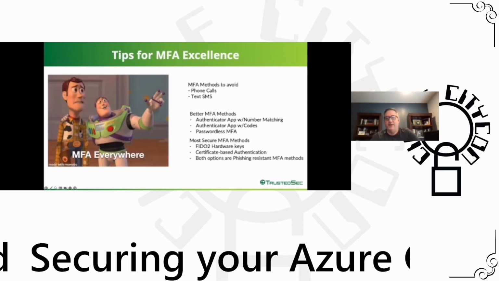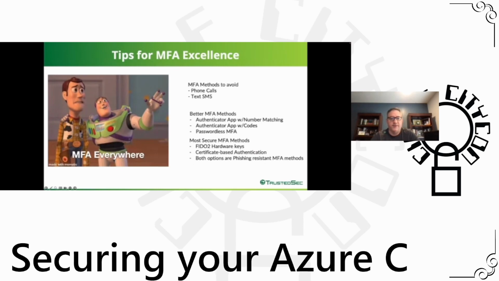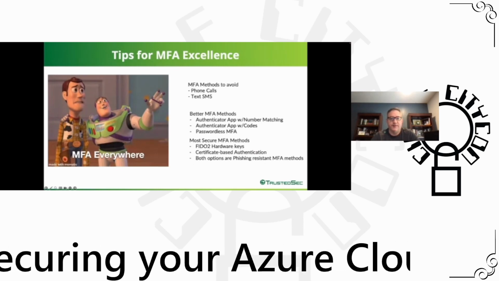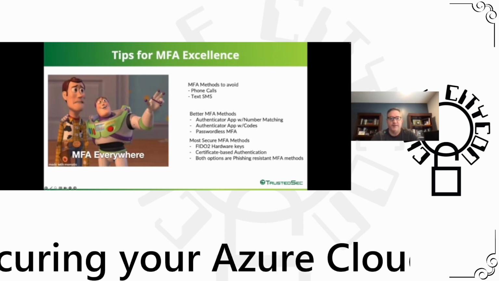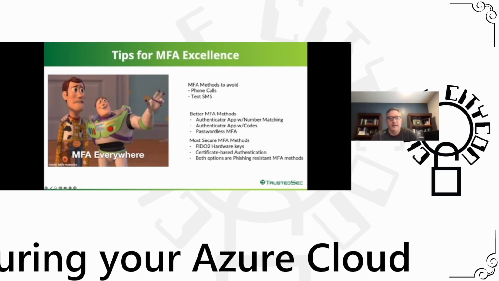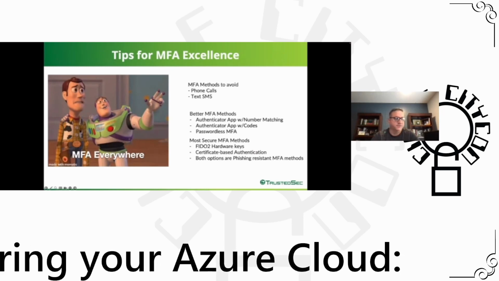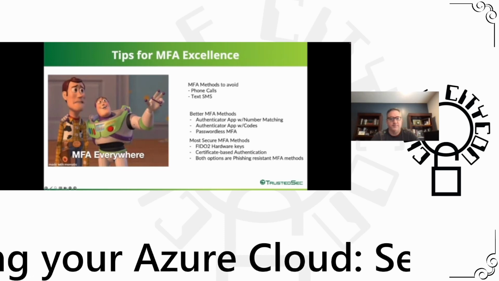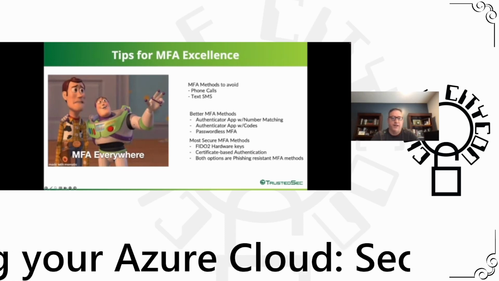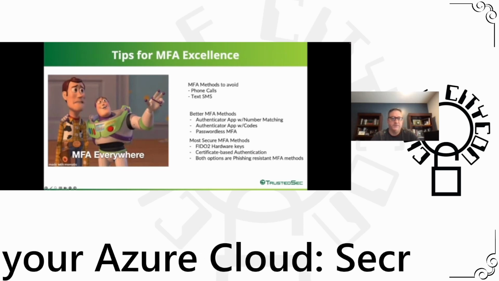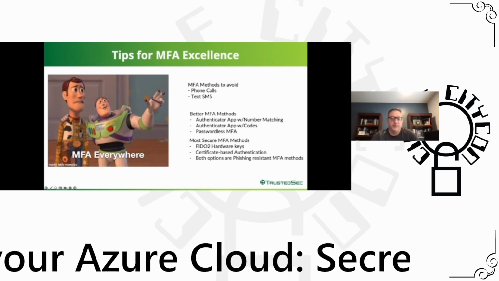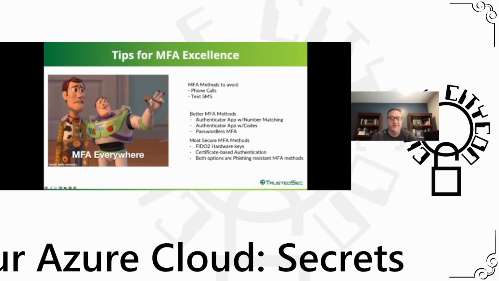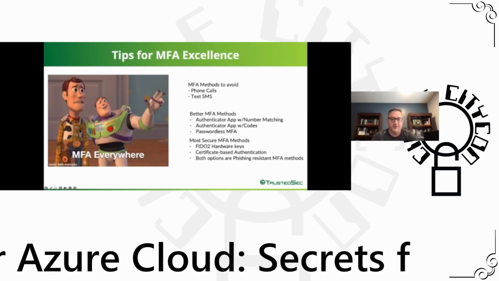Got some tips for MFA, because not all MFA methods are really built the same. So in terms of better or best MFA methods to use, out of anything, please eliminate phone calls and SMS texts if you can. Cell phone cloning is an issue, and it's just better to go the authenticator route or even the FIDO2 hardware key route for some of your privileged users.